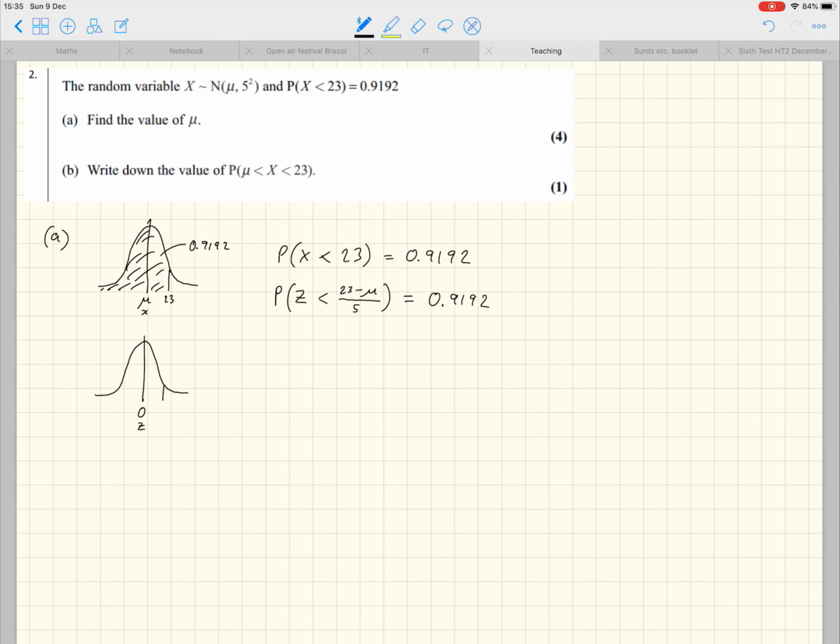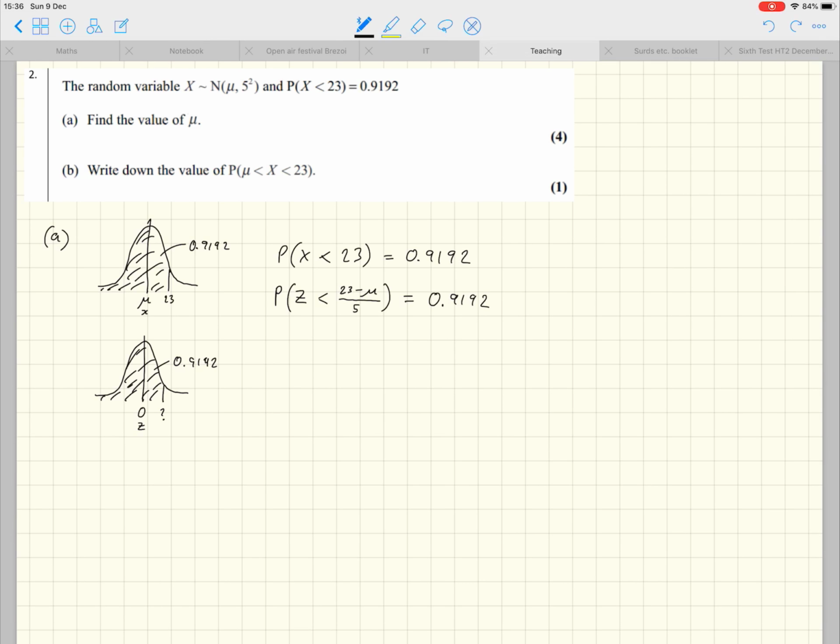We know there's some value here, question mark, below which the area is 0.9192. The ClassWiz will tell us what this question mark value is, and because it is equal to this expression here, it allows us to solve to find mu.